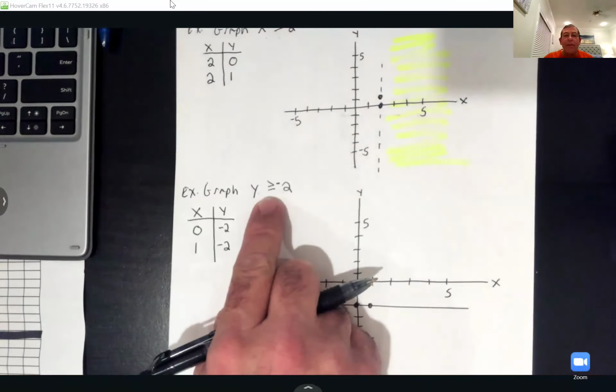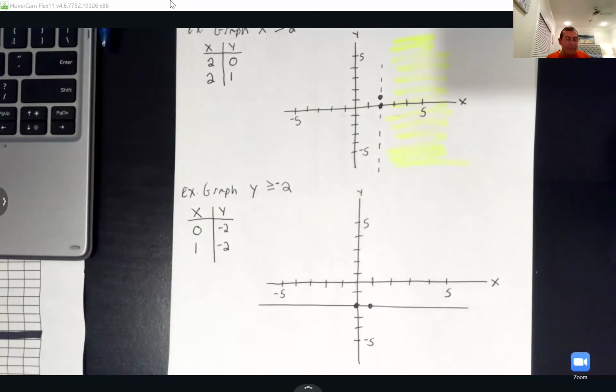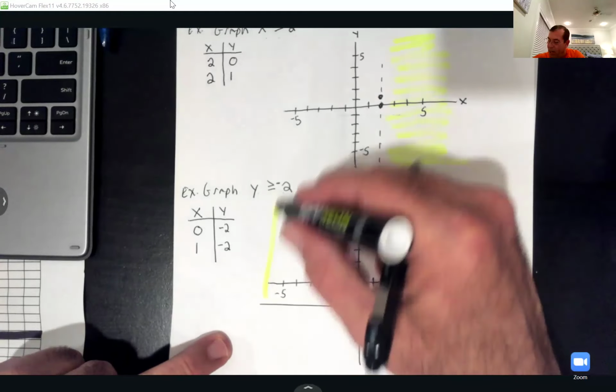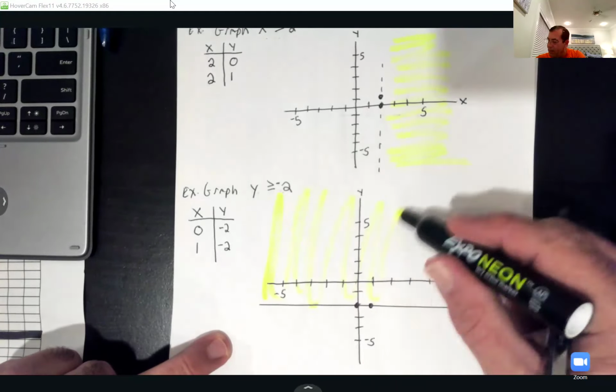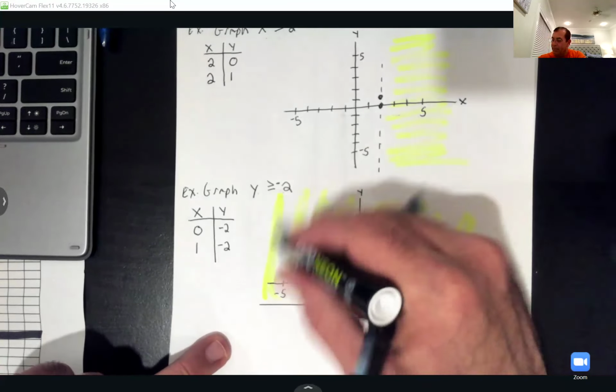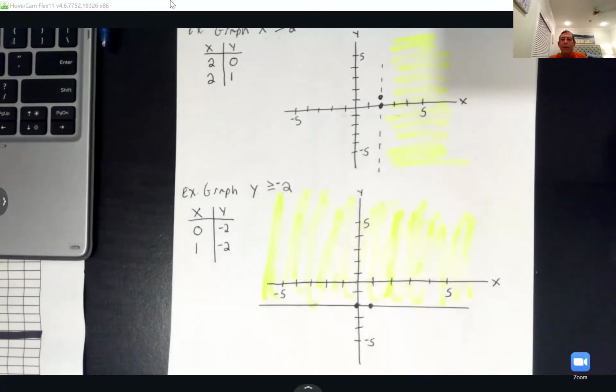And it is greater than, are you shading above or below? Greater than, don't you shade above? Above, there you go. So everything above that solid horizontal line.